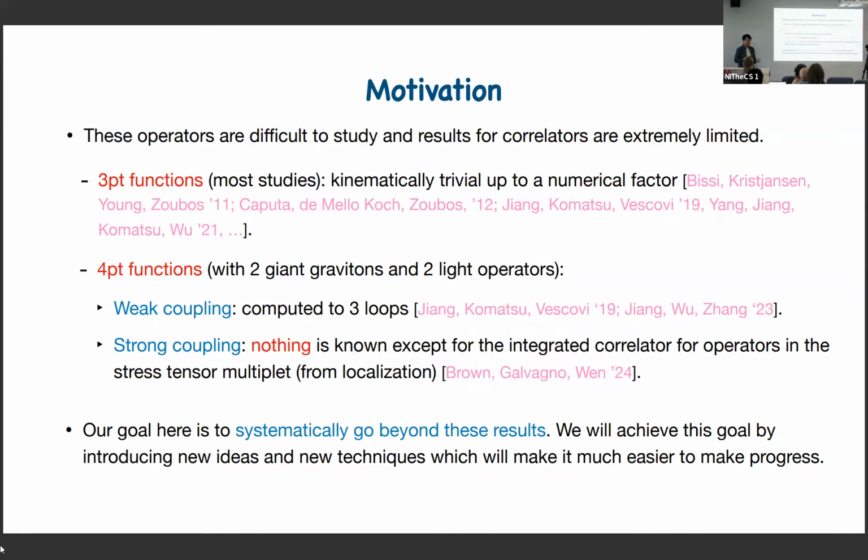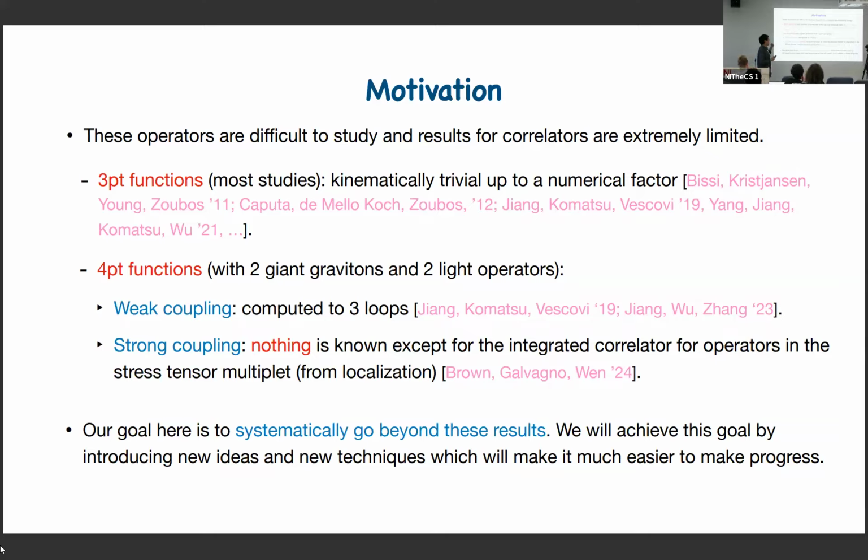But these three-point functions are in a sense kind of trivial, because as we learned in previous lectures from, for example, Costis, the form of three-point functions is fixed by conformal symmetry up to an overall number. So the interesting physics in three-point functions is only contained in this number. This is still a non-trivial number because it depends on the coupling, but it does not have non-trivial kinematical dependence on where you insert your operators.